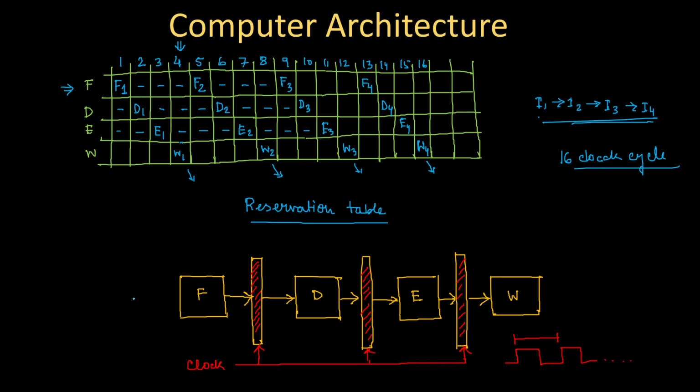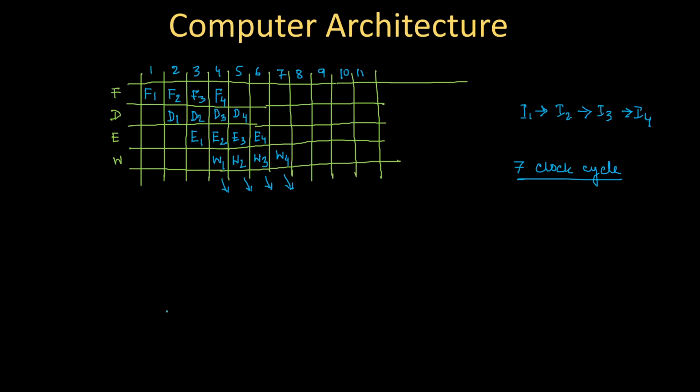Now just assume a situation, let's draw the diagram again in a very simple way. I have the fetch stage, and just assume that we have the flip flop over here. I'm just drawing the main part of the whole system, and then write back, obviously.